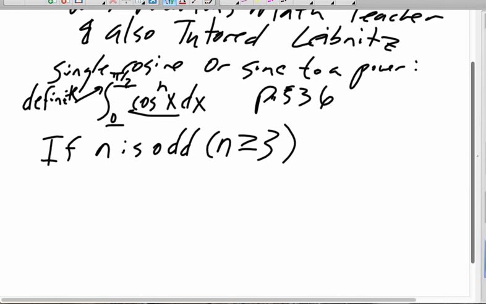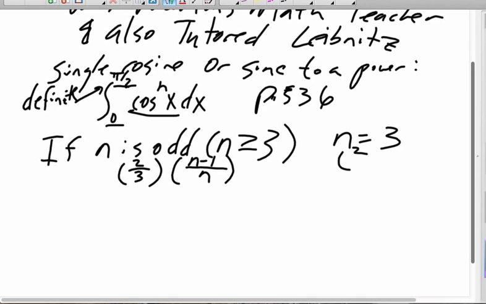Then what you're going to do is it becomes a product of basically n minus 1 over n. So let's say, for instance, if n is 3, and I keep multiplying these out, then I'm going to end up with 2 over 3.